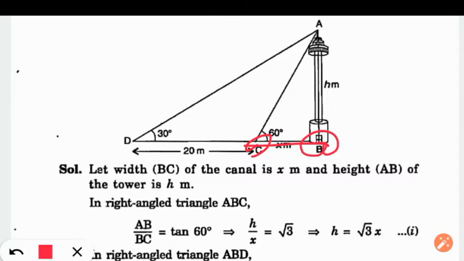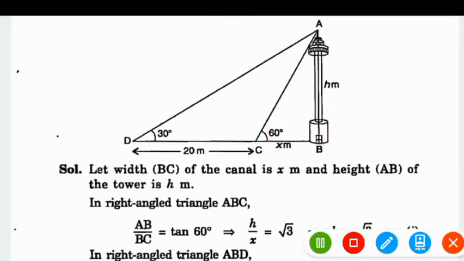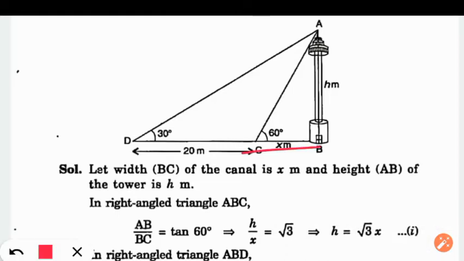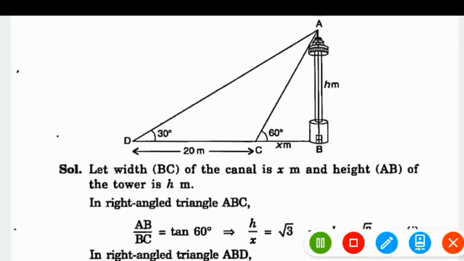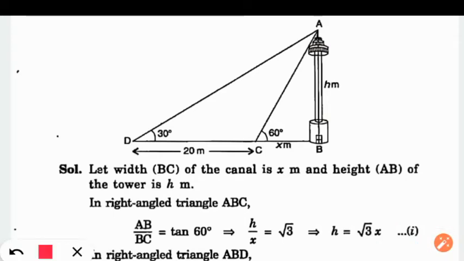So let the width BC of the canal be x meter, and the height of the tower AB be h. First use this triangle ABC. Here we need a relation between x and h. H is perpendicular, x is base.